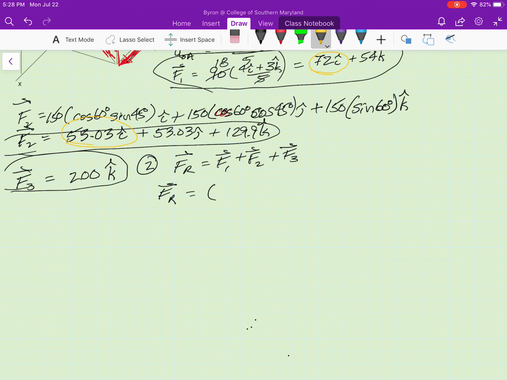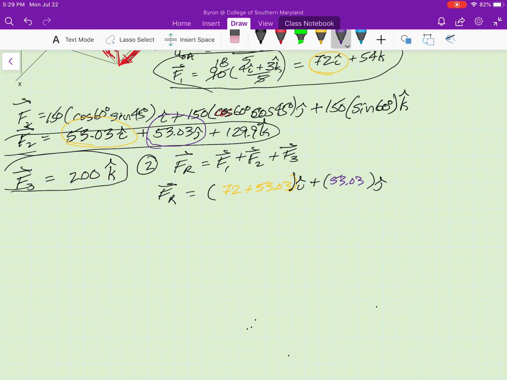So, yeah, let's do it like this. So we have 72 plus 53.03 i plus our j terms. Use purple for j. No j terms in F sub 1. A j term in F sub 2 of 53.03.